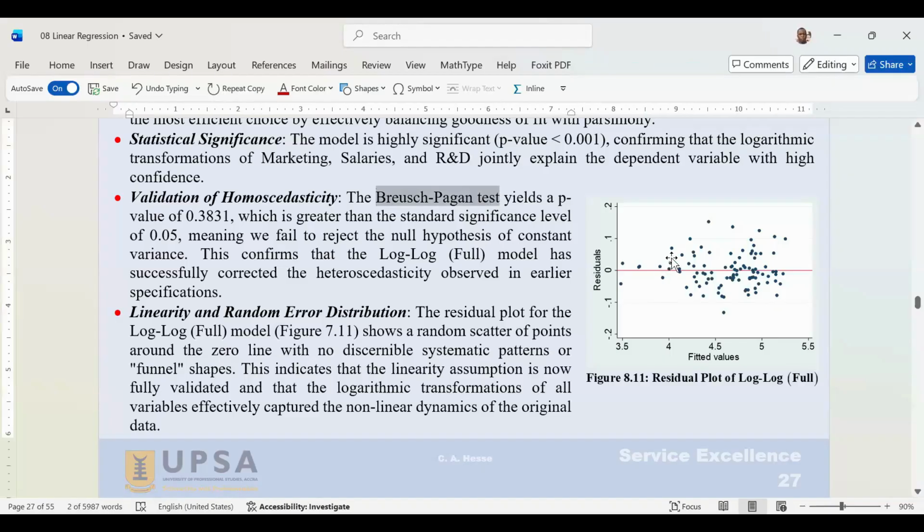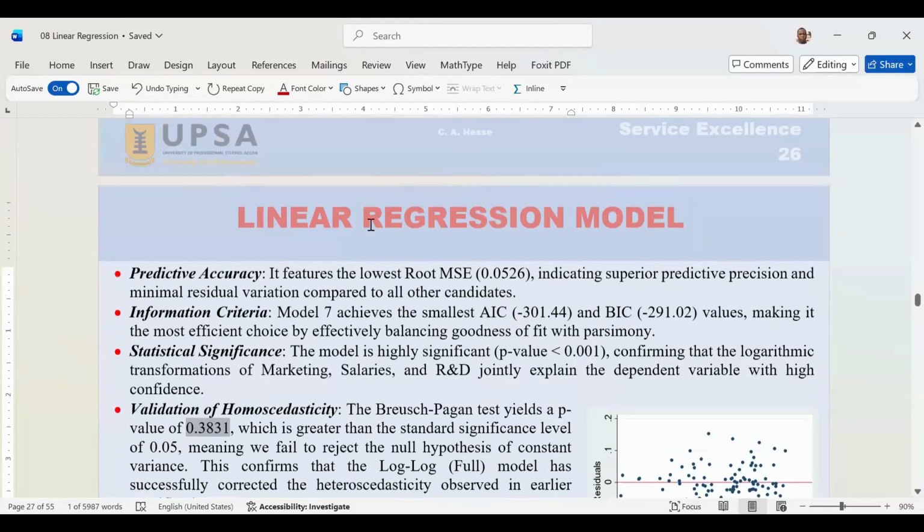First I did the residual graph. Then the Breusch-Pagan test gave us a p-value of what? 0.3831. Please, how do you conduct the Breusch-Pagan test? Just after you run the model in Stata, you give this command.